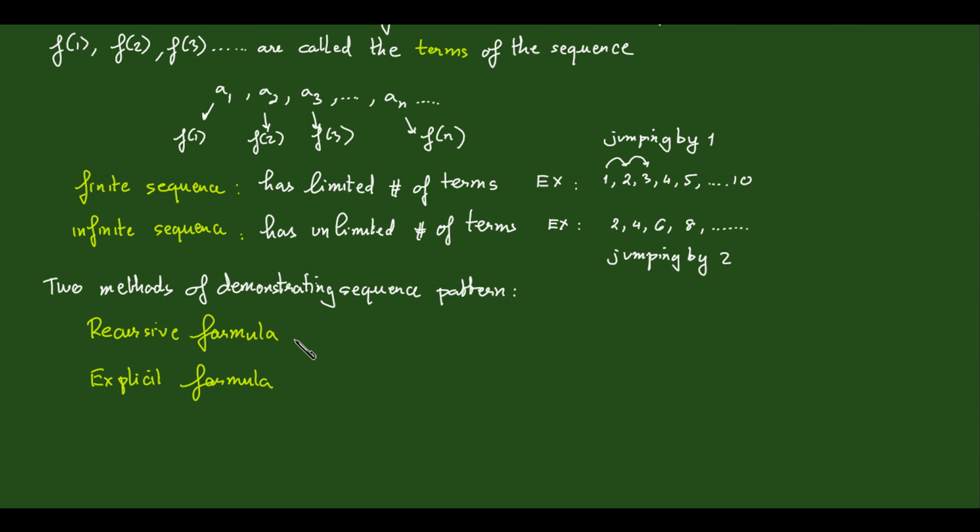So what is recursive and what is explicit? Let's talk about that. A recursive formula is a relation between the n-th term, because a1 is the first term, a2 is the second term, a3 is the third term, a sub n is the n-th term.